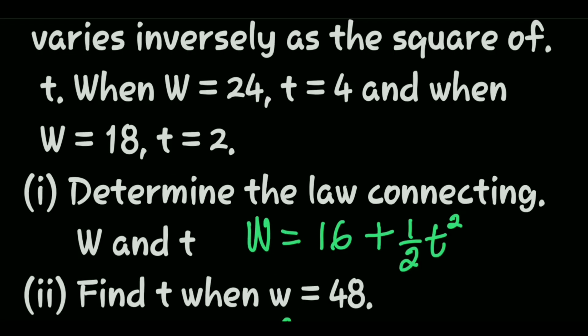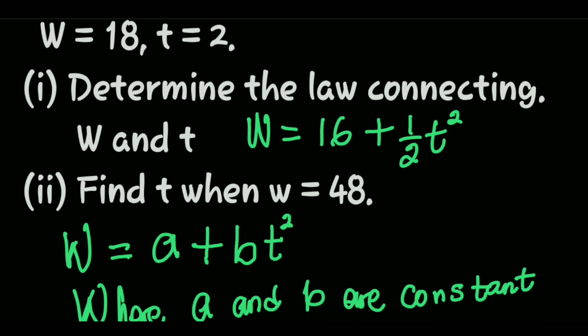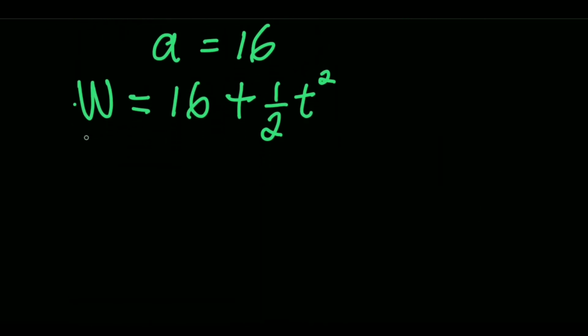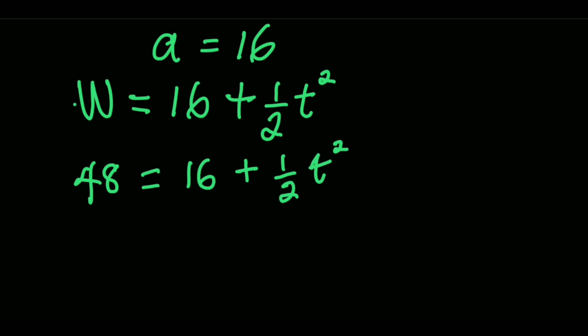We've answered that. The next question here is, find T when W equals 48. We already have the law, which is W equals 16 plus 1 over 2 T squared. We are looking for the value of T when W equals 48. So we have 48 equals 16 plus 1 over 2 T squared. And so what we have here is a fractional equation. The best way to go about a fractional equation is to clear the fraction by multiplying through with the LCM of the denominators.